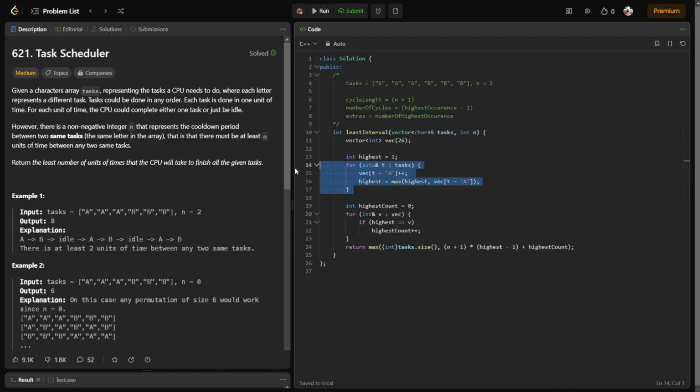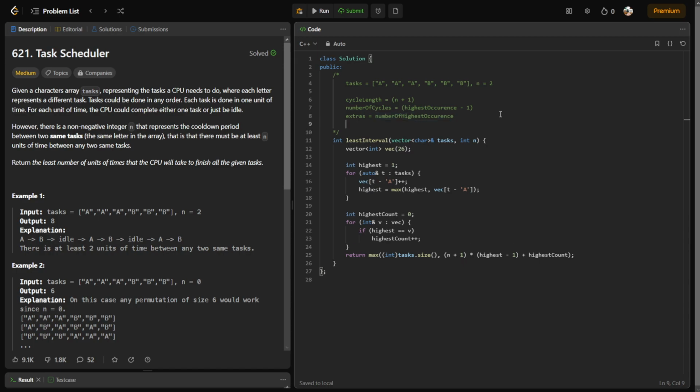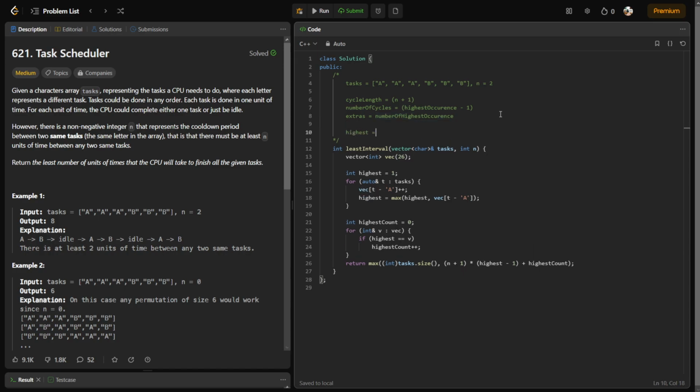So basically when this for loop ends, the highest for this case, or let me just use back the old one, right. Okay, for this case, the highest will be 4. The highest will be, let's keep it 3. Yeah, the highest will be 3.